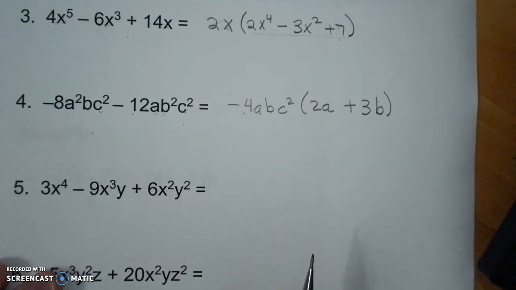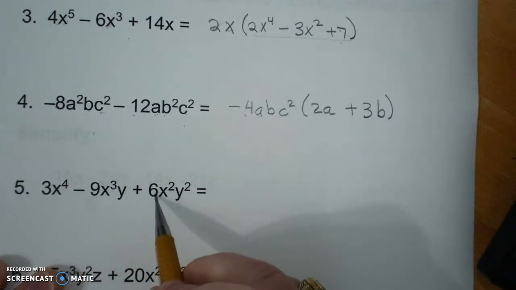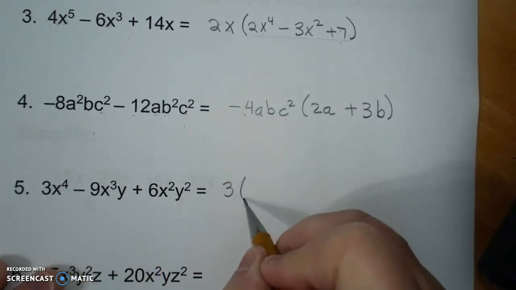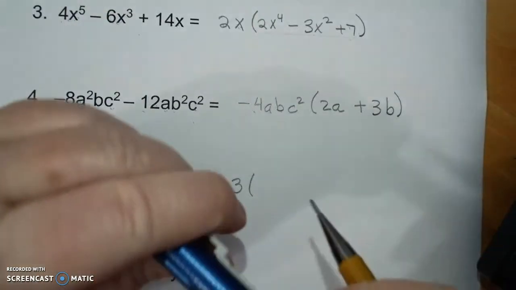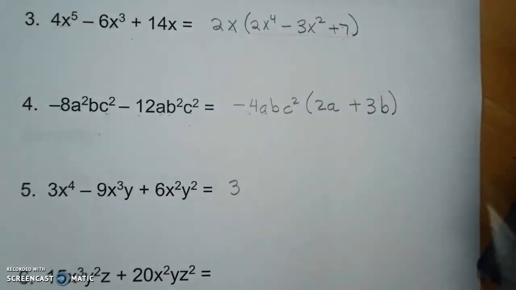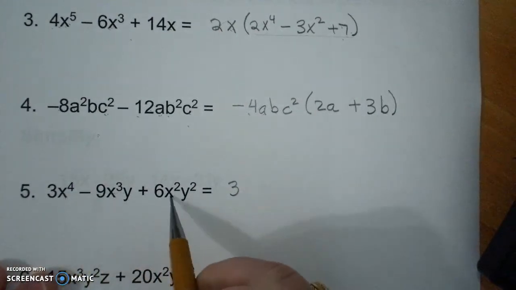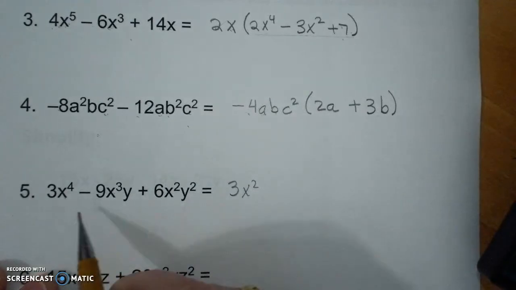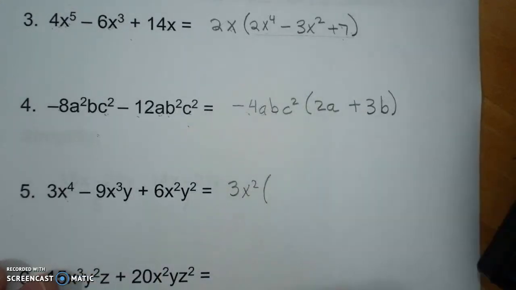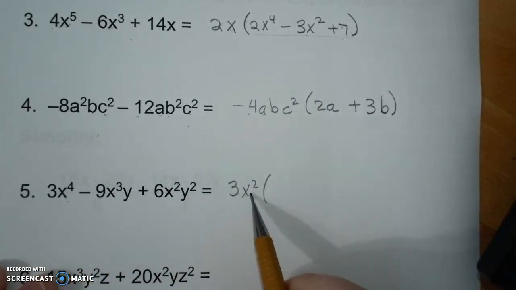You can do it for multiple terms. So I have a 3, a 9, and a 6. I'm going to take a 3 out. And you can do this in other steps. So I have a 3 that's common. x to the 4th, x cubed, x squared. x squared is the greatest common factor. This one doesn't have y's, so I can't take out any y's. 3x to the 4th, 3x squared.